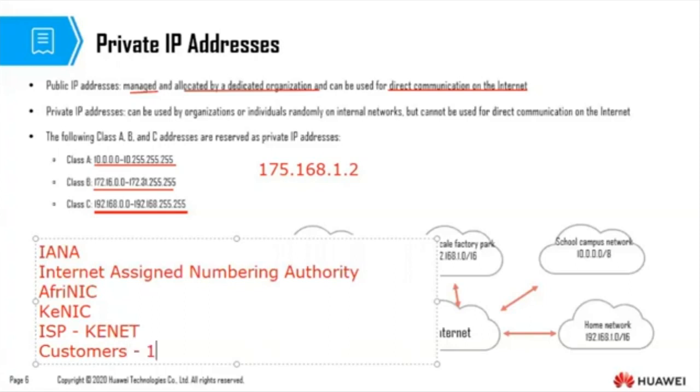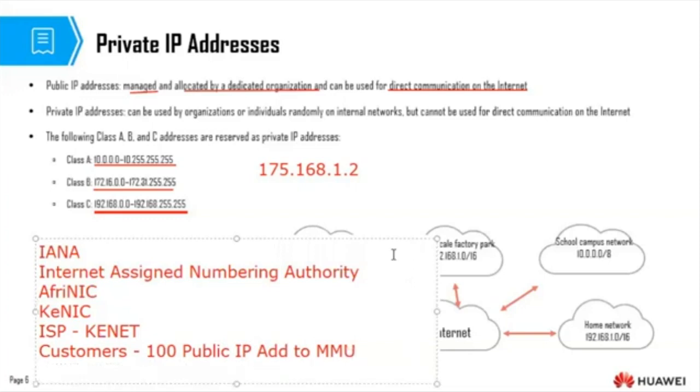So KENET can assign like 100 public IP addresses to MMU. It will be a block. By a block, we mean they're going to be following each other. So for example, 41.82, this is just an example, .1 all the way, for example, to 41.82.1.100 or 101, whatever.